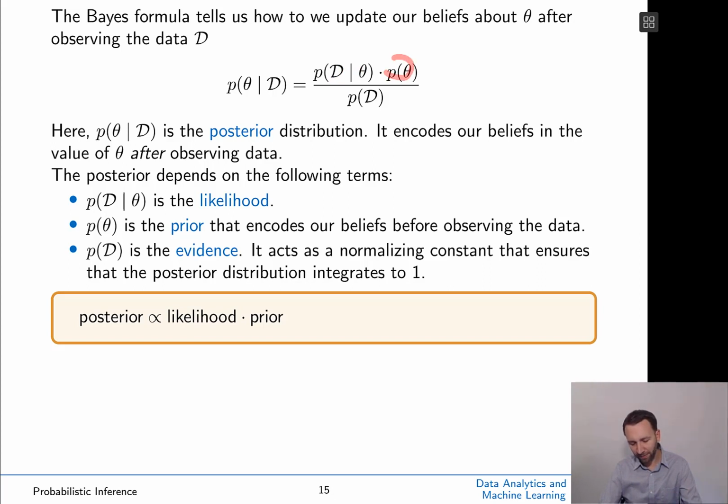We have our prior belief, a very subjective choice here. And then we normalize it, because you know a distribution should integrate to 1, or in a discrete case, all these histograms should sum up to 1. We have to normalize it, and this then leads to the so-called posterior distribution.